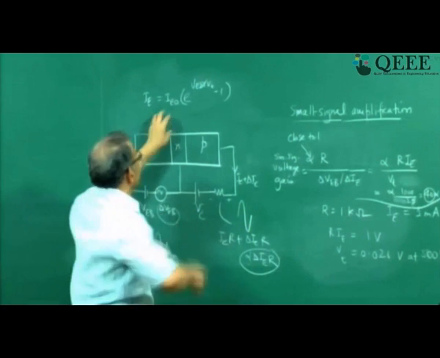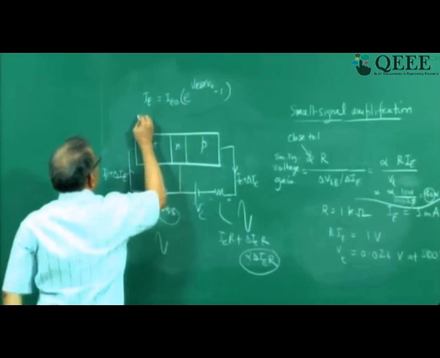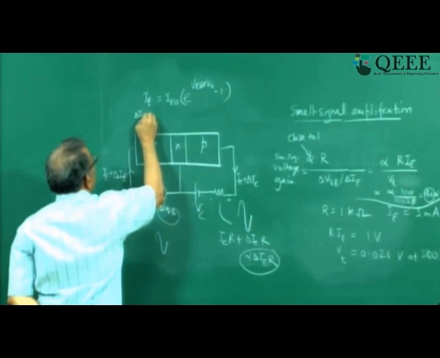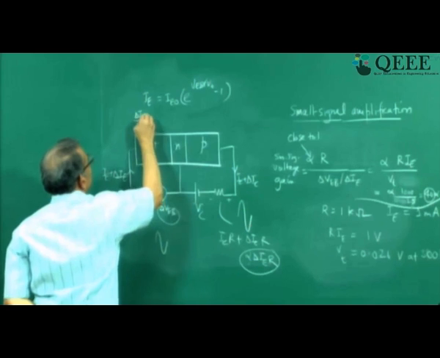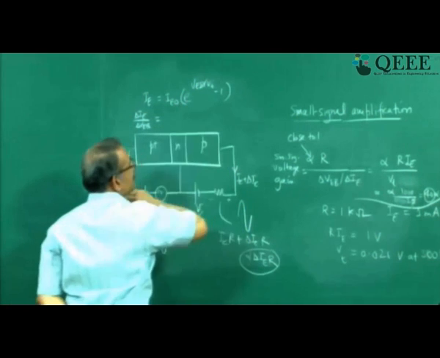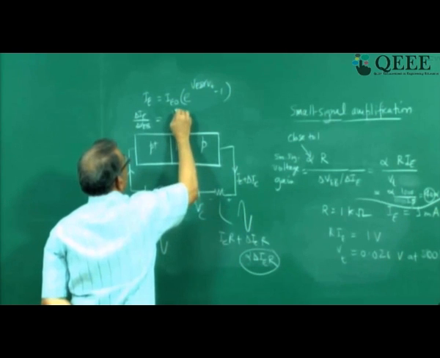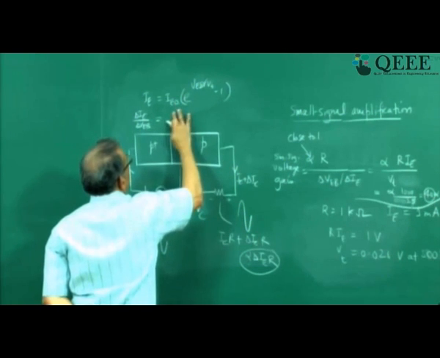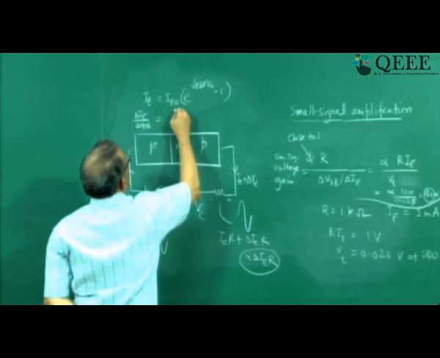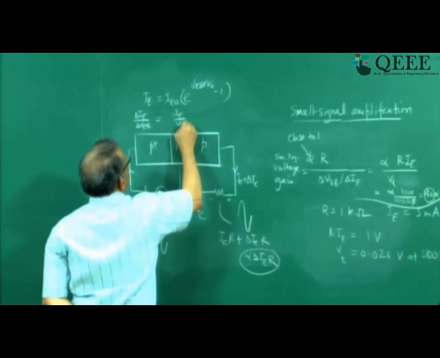So now, if you calculate delta IE for a change delta VEB, then you differentiate this. Now this turns out to be approximately equal to IE by VT.